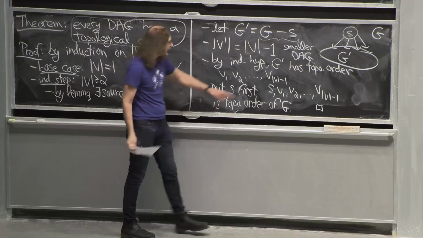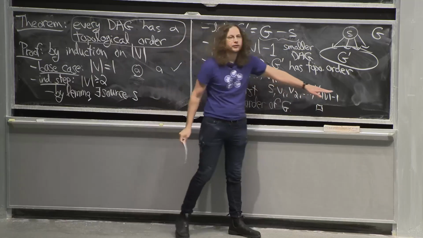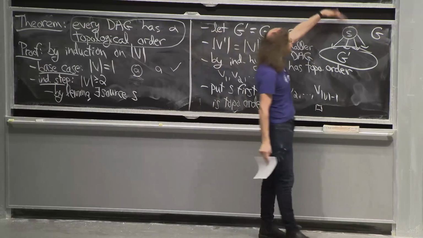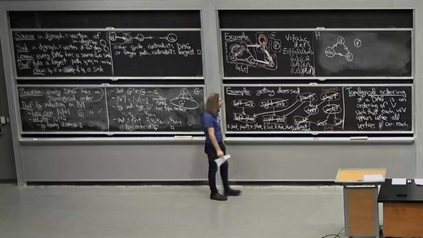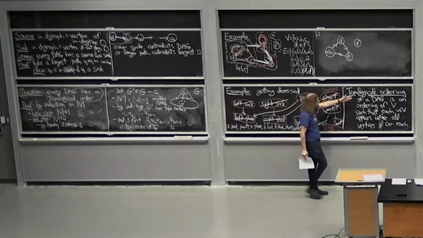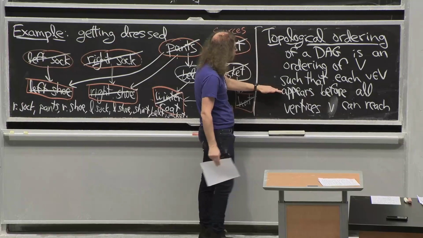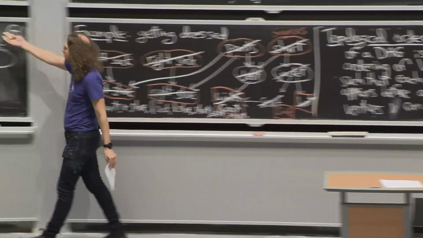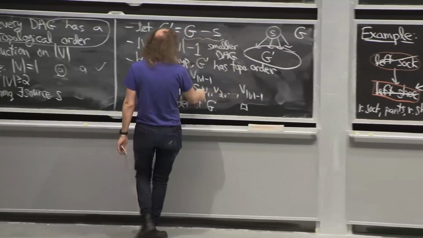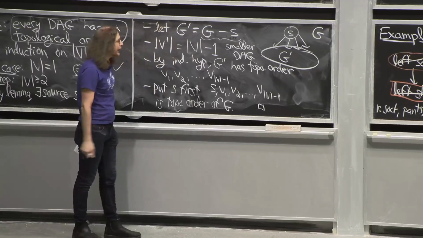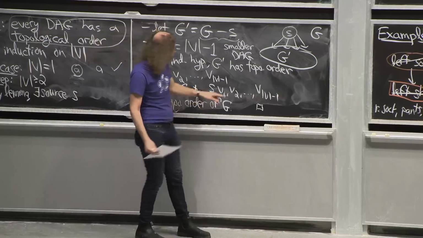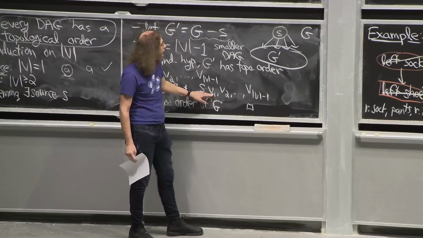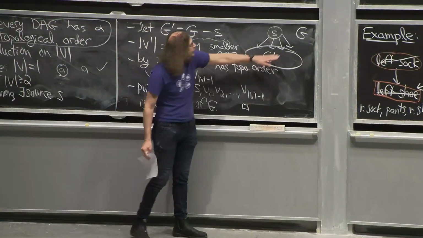So I claim it's OK to put S before all these other vertices, and that will be a valid ordering, intuitively because S has nothing that has to happen before it. So if you check the constraint of a topological ordering, every vertex that's listed must appear before all vertices that it can reach. Well, S definitely appears before all vertices it can reach because it appears before all vertices. And the other vertices are also OK, like V1 or V2, appears before all the vertices it can reach because all the vertices it can reach are inside G prime.